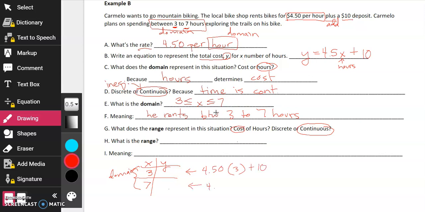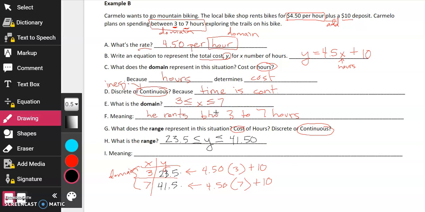So I do 4.50 times 3 plus 10, 4.50 times 7 plus 10. When I do that, I get 23.50, and I get 41.50. Okay, so my range is an inequality sandwich, y in the middle, and my low and my high cost.